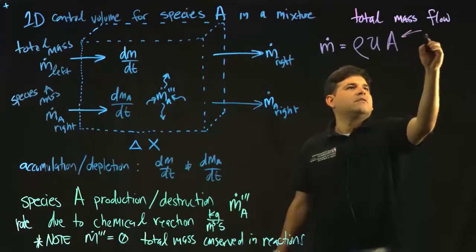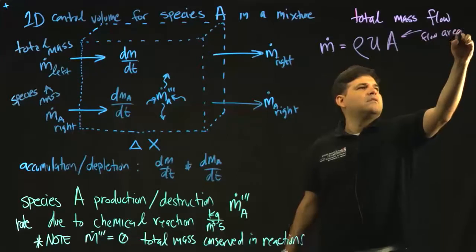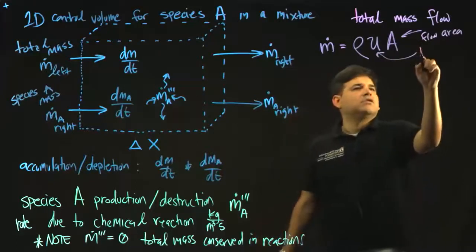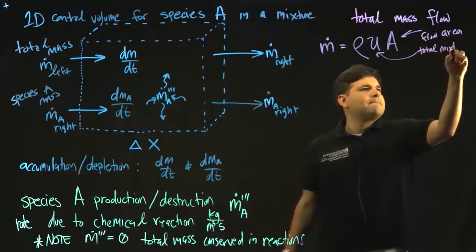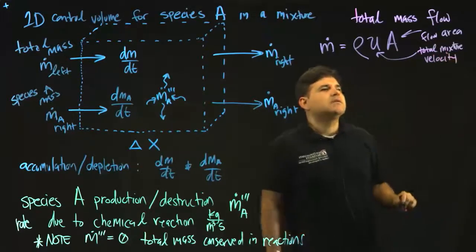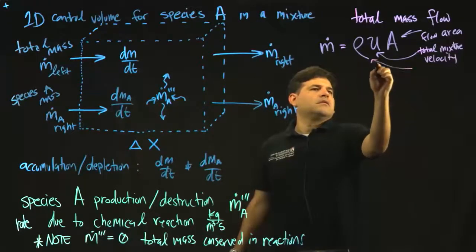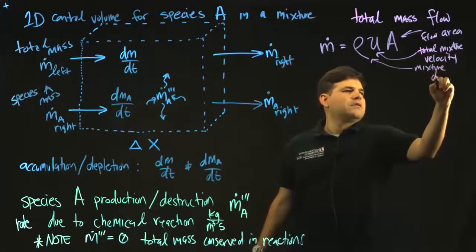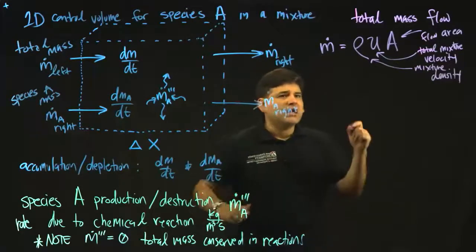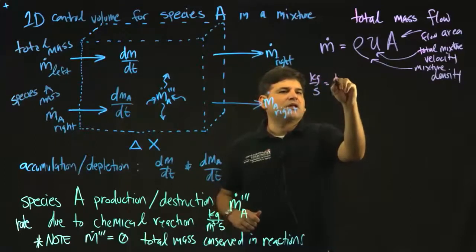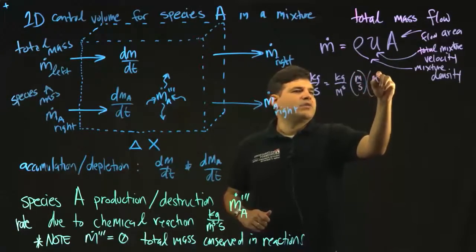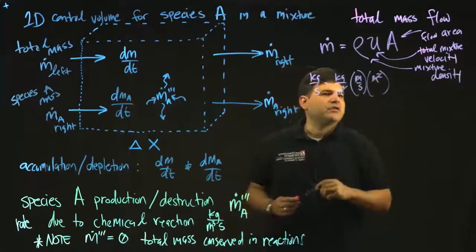So this would be the flow area, this would be the total mixture velocity, and this would be the mixture density. So kilograms per second equals kilograms per meter cubed times meters per second times meters squared. So these cancel out, giving you kilograms per second.